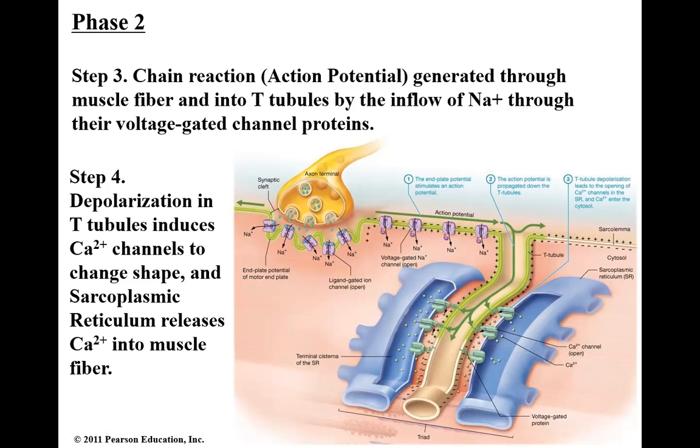Step number 4 is where things start to get a little bit different. In step number 4, the action potential changes the voltage within the T-tubule, which consequently changes the shape of these voltage-gated calcium channels in such a way that they open up and allow calcium to flood out of the SR into the sarcoplasm, into the regular old muscle.